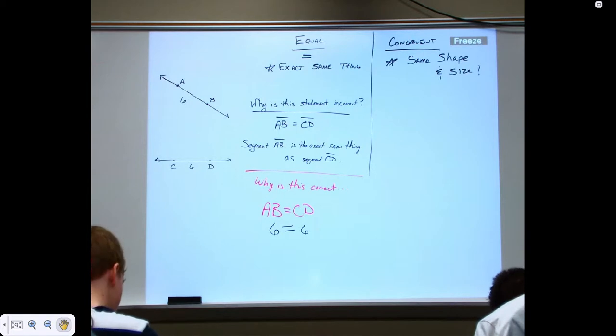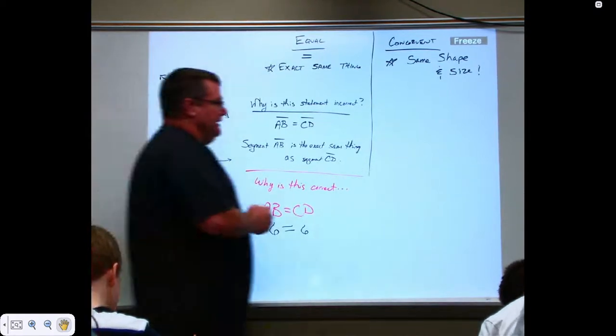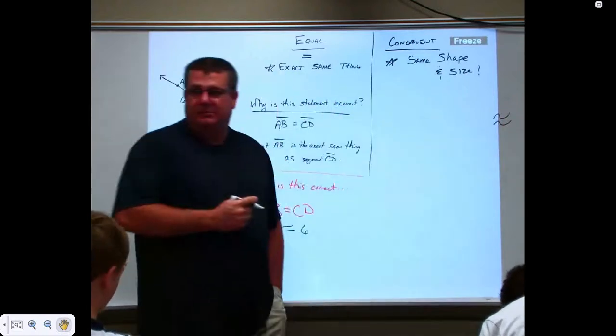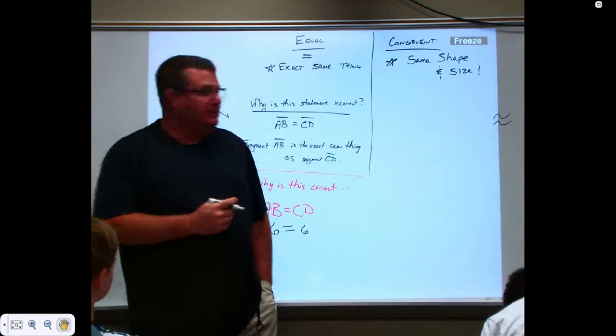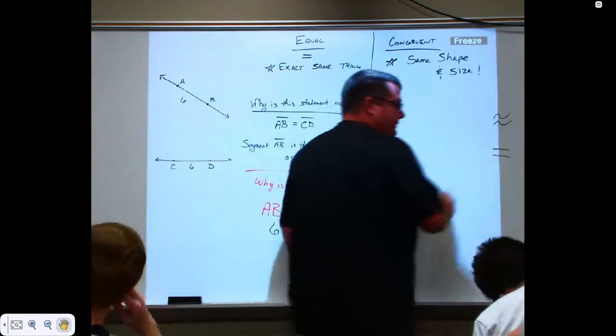Now, we need a symbol for that. This is my learning thing for the day. Everybody listen. You guys know what that sign is? Congruent. Approximately, right? Means almost the same thing. And that means equal, right?